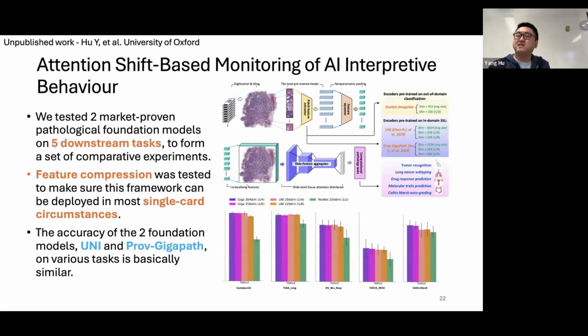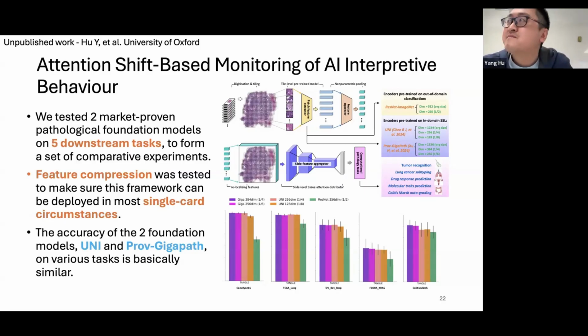Here we actually just did some proof of concept work. It's very naive work, just submitted to a Springer Nature journal, but not Nature. We tested two very popular pathology foundation models on 5 downstream tasks, and did a set of comparative experiments.